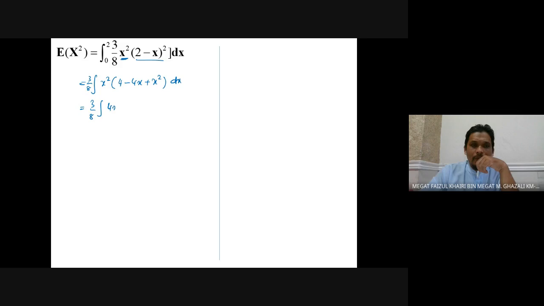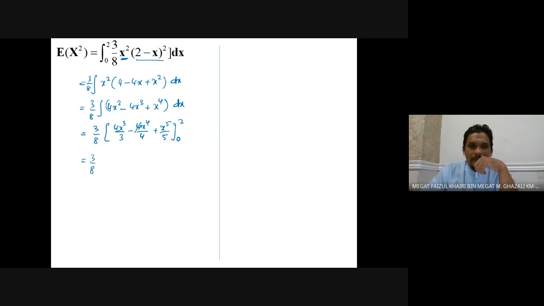Okay, 4x squared minus 4x cubed plus x to the power 4 dx. So then it gives you 3 over 8. So first 4x cubed divided by 3 minus 4x to the power 4 divided by 4 plus x to the power 5 divided by 5, from 0 until 2.